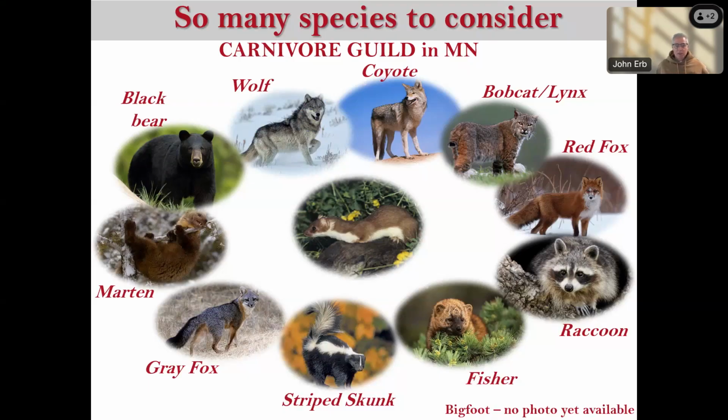So it is important to consider what really is most important to you when it comes to using trail cameras for monitoring wildlife. This is just a slide that shows many of the species that I have to try and work with, monitor. One size fits all is probably not going to work here.